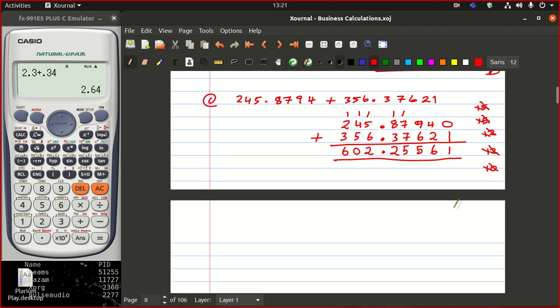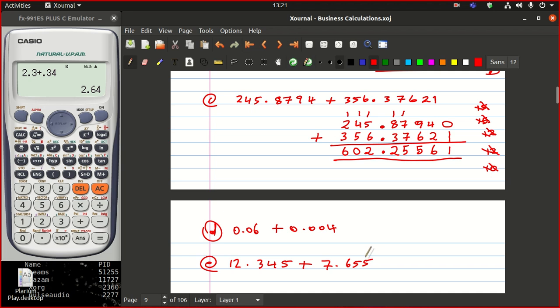Now I wanted to give you an exercise. I want you to find 0.06 plus 0.004, and then I also want you to find 12.345, and then I want you to add 7.655.